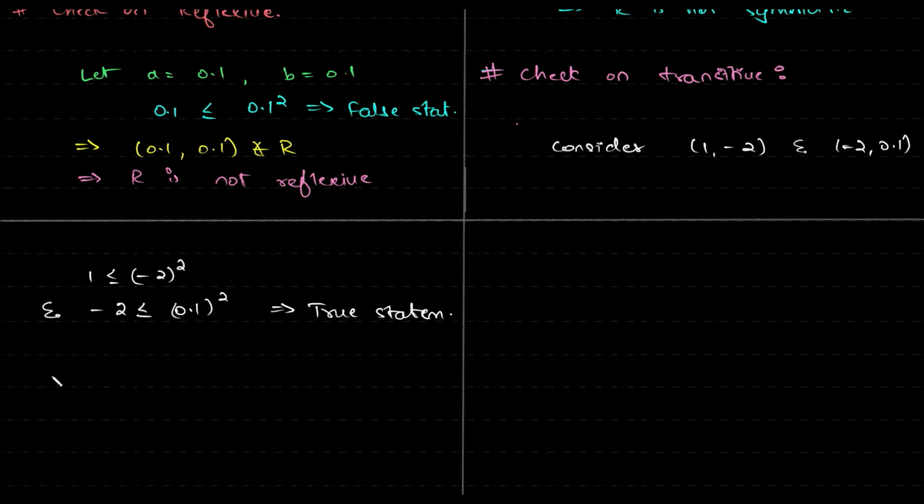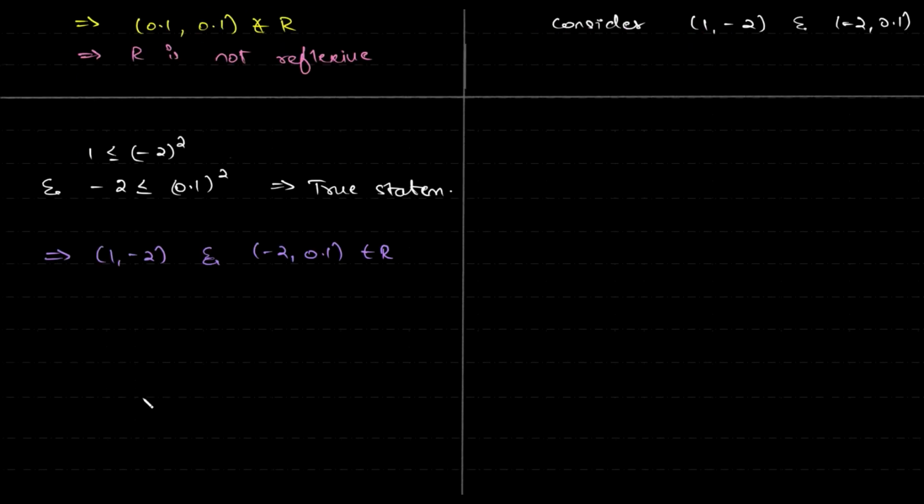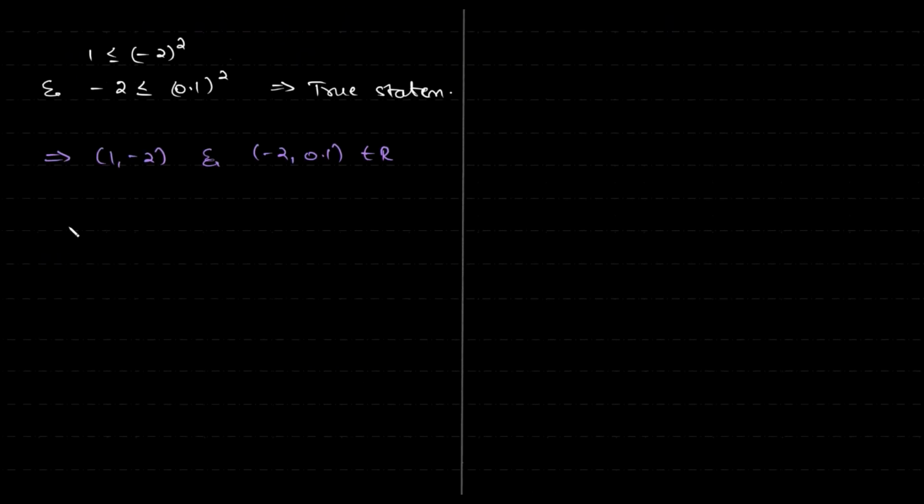So from this I can infer that (1, -2) and (-2, 0.1) do belong to R. Now from this I will take the next pair, that would be 1 and 0.1, right?